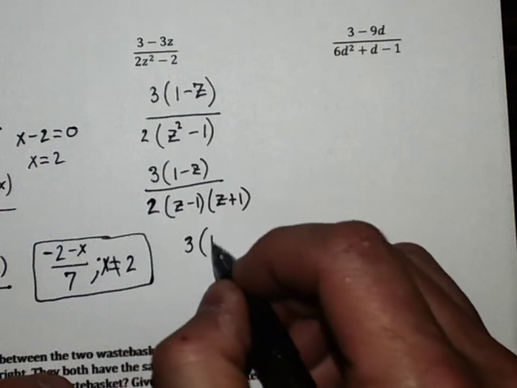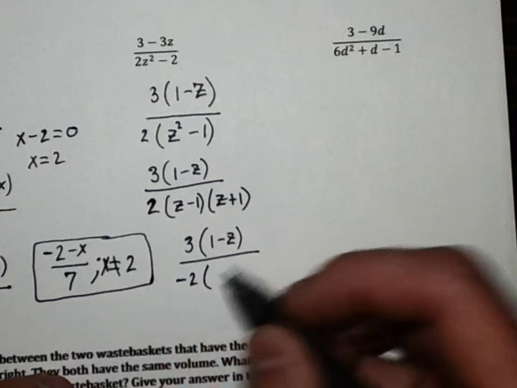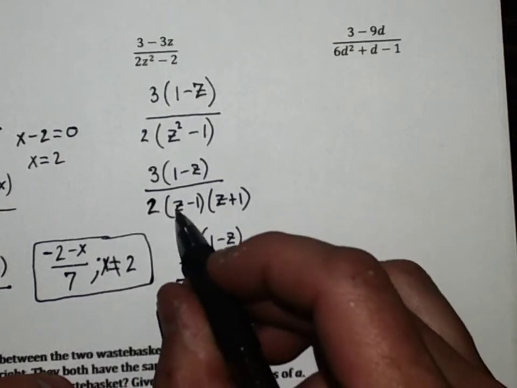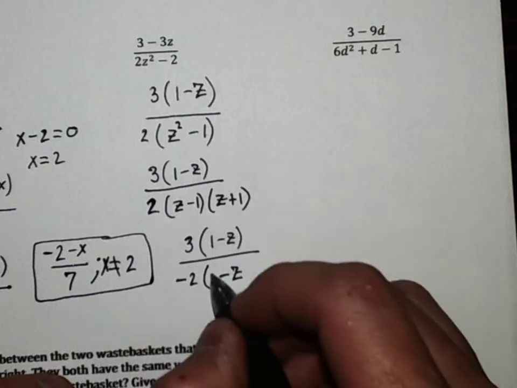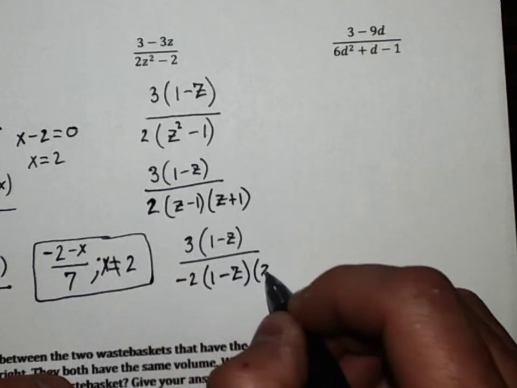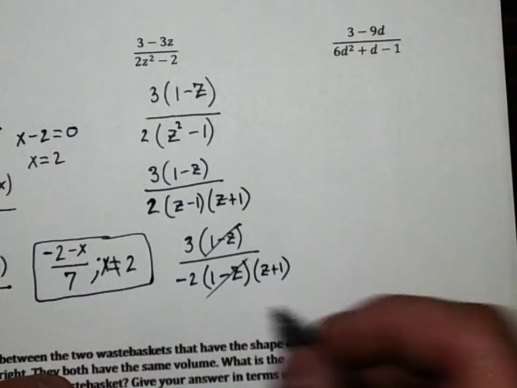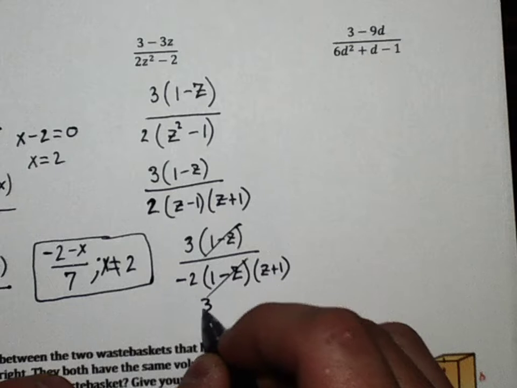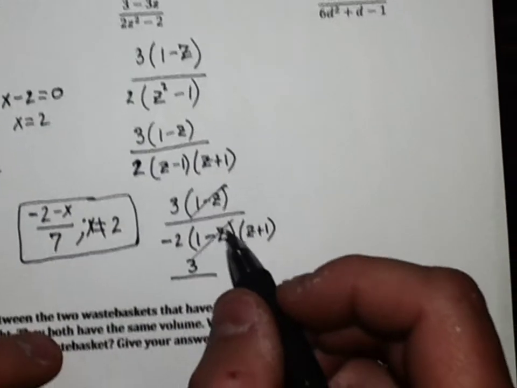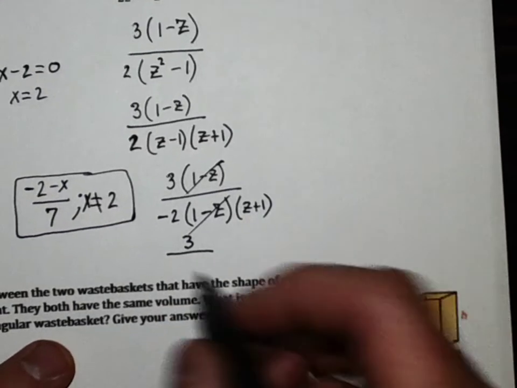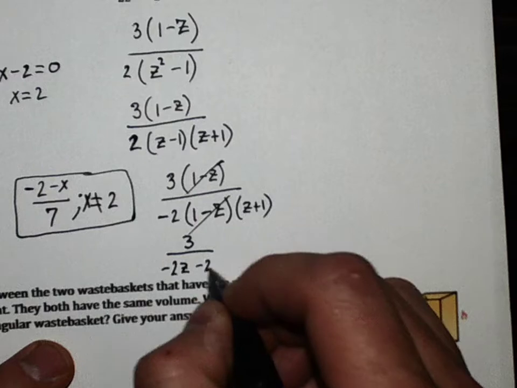So 3 outside of 1 minus z on the top, negative 2 outside of a, now the z is going to become negative, and the 1 is going to become positive. 1 minus z, 1 minus z. You're left with 3 divided by, you could redistribute that negative 2 if you want to, or you could leave it out. I'm going to distribute it. Negative 2z minus 2.